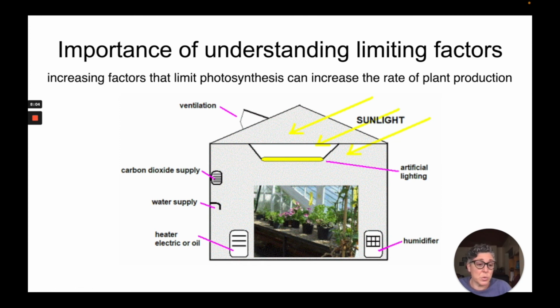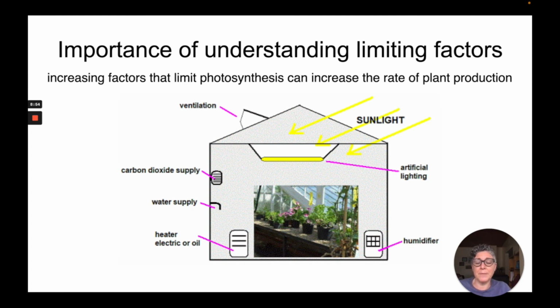They can increase or decrease the carbon dioxide concentration inside that structure. They can make sure that water is being supplied at a constant rate. They can ensure that the temperature within the greenhouse stays at a certain temperature by using a heater. They can ensure that the conditions are such that it is not too humid and therefore slowing the rate of photosynthesis. So all of these conditions can be controlled in a greenhouse.